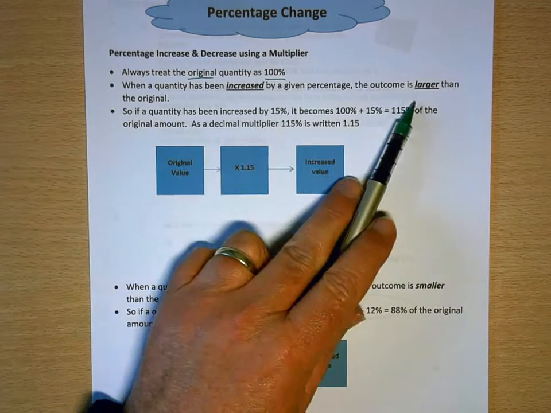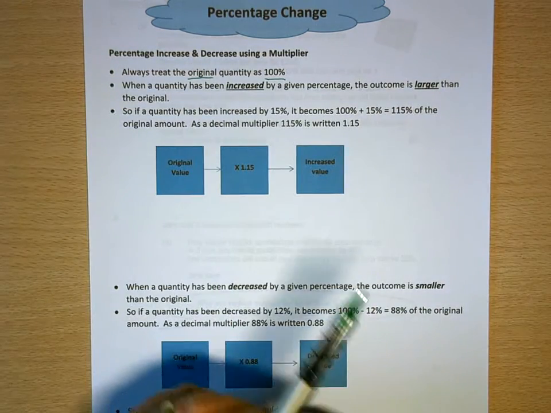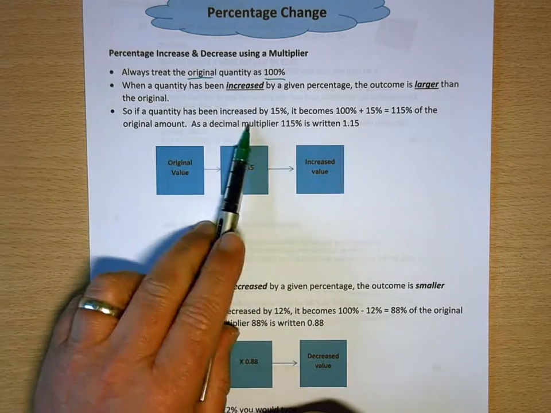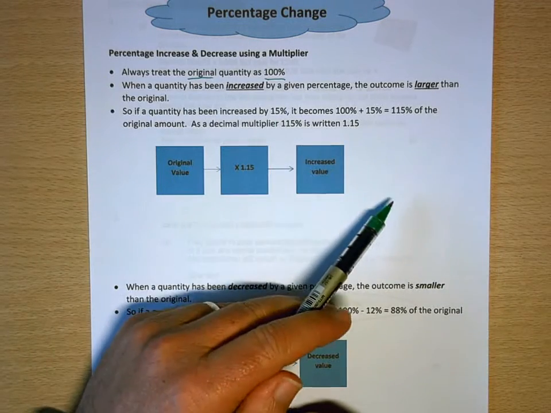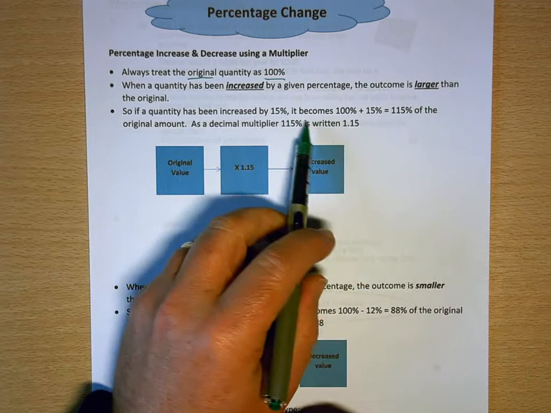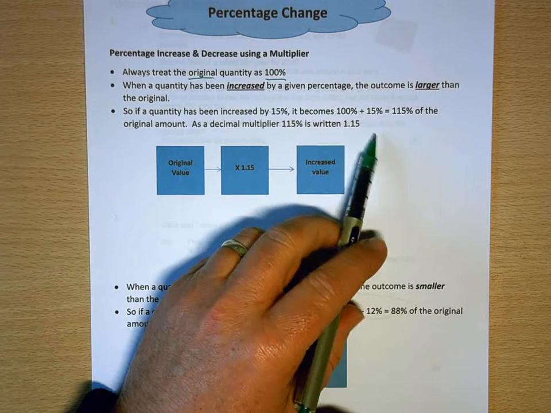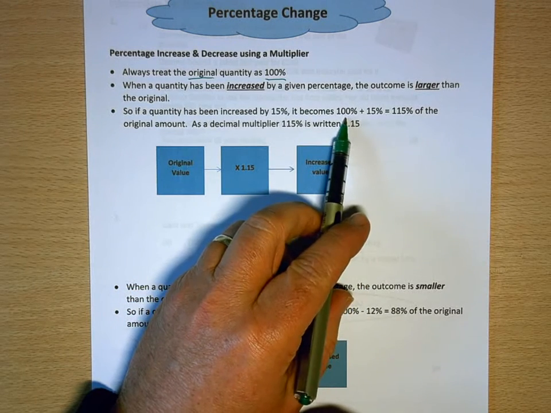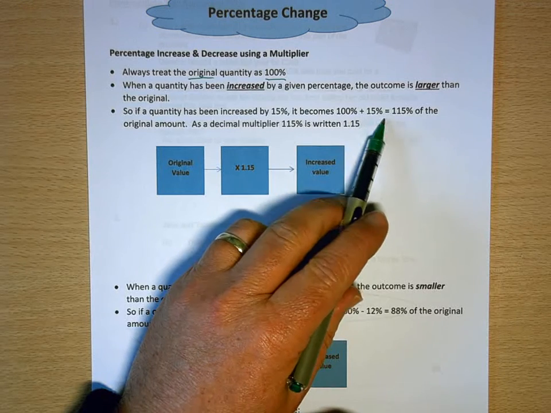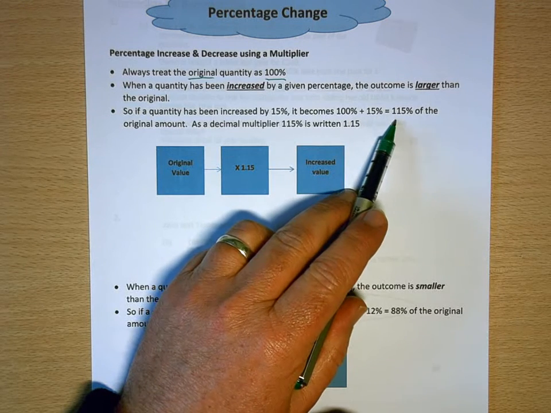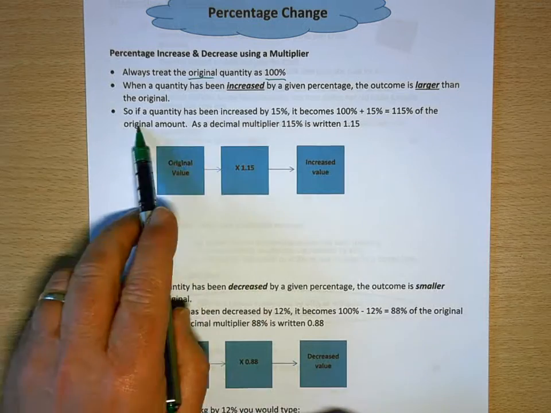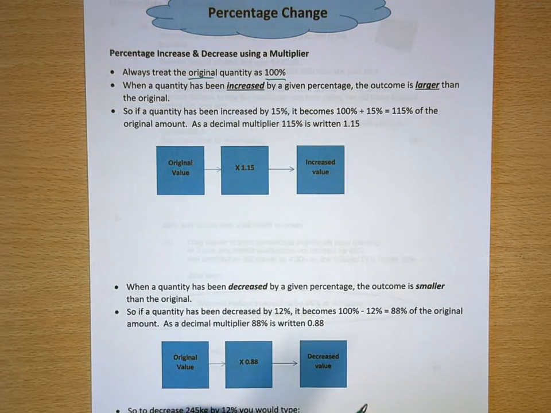So the outcome is larger than the original. If a quantity has been increased, for example, by 15%, then the new value will be the original, which is 100, plus 15%. So you'll end up with a value which is 115% of the original amount.